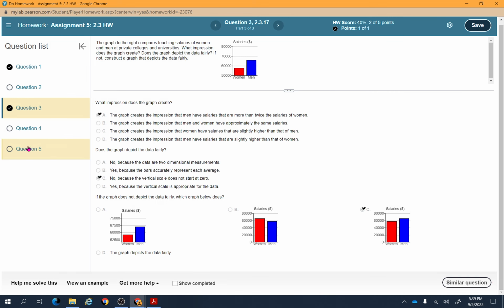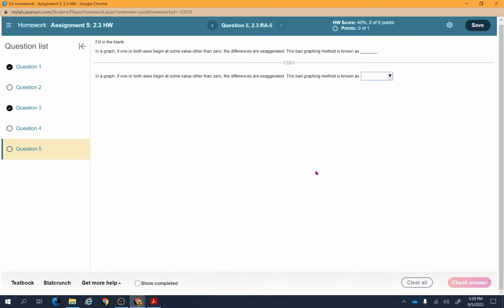Okay. Let's look at number 5 here. Fill in the blank. In a graph, if one or both axes begin at some values other than 0, the differences are exaggerated. This bad graphing method is known as what? The options are a non-zero axis, pictograph, leveling axis, a histogram. So which one is the right one?